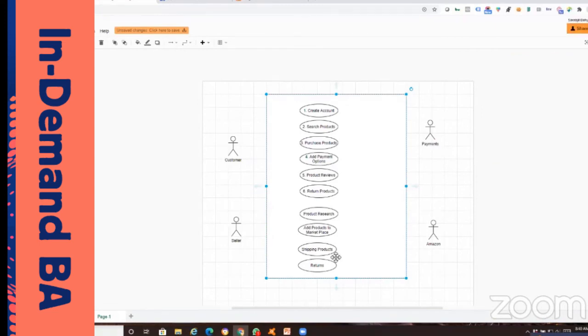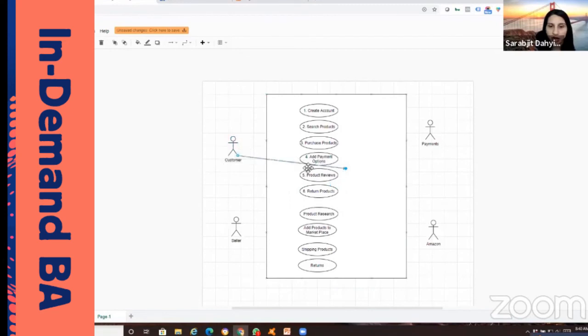Okay. Now in order to complete this, we will be doing arrows here. So the customer is going to be interacting. This is what a customer does. And in doing so, we will identify things that are being done by both the customer and the seller.